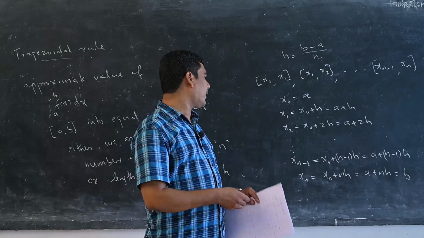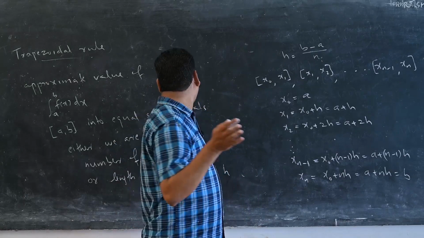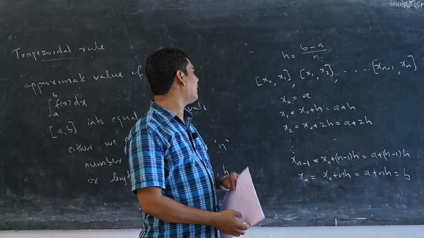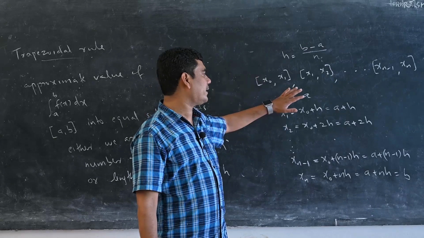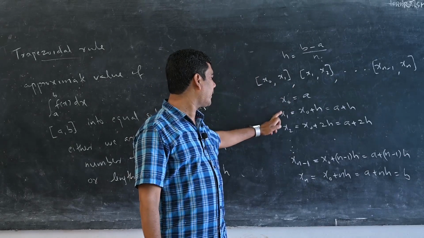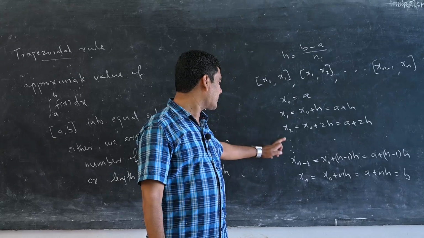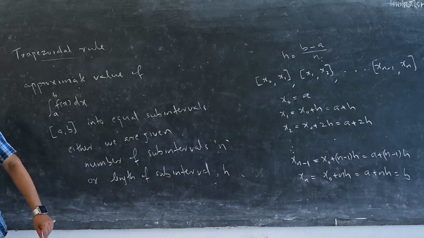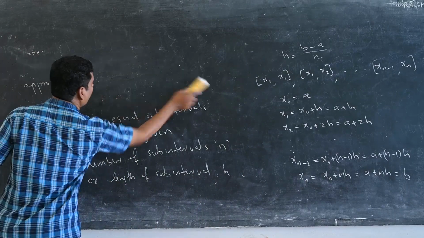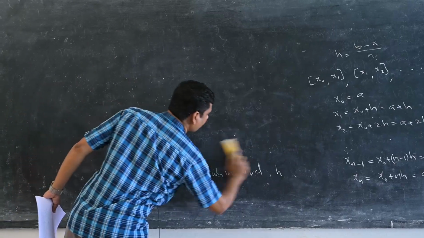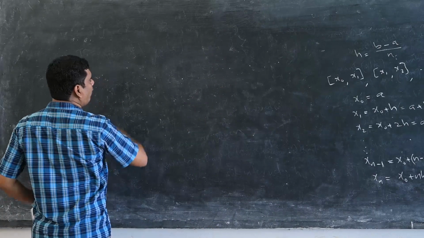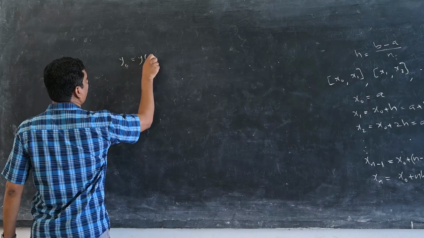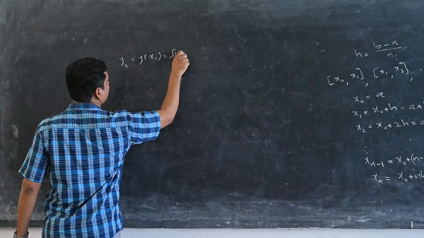Now we find the value of the function at the n points of these subintervals, that is at points x0, x1, x2, etc., xn minus 1 and xn. y naught is equal to y of x naught, this is equal to f of x naught.